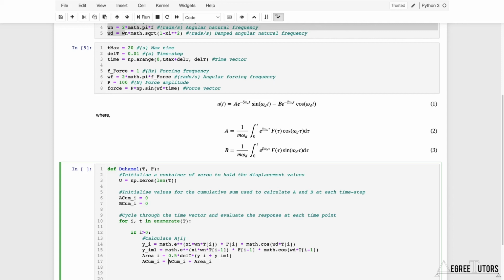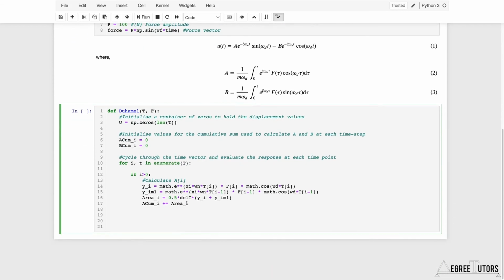Now I can do shorthand for that, and I can just say A_cumulative_i plus equals area, okay? That just adds the area onto whatever the previous value of that was. And so every time we come through this loop, we're adding a new amount of area onto this.